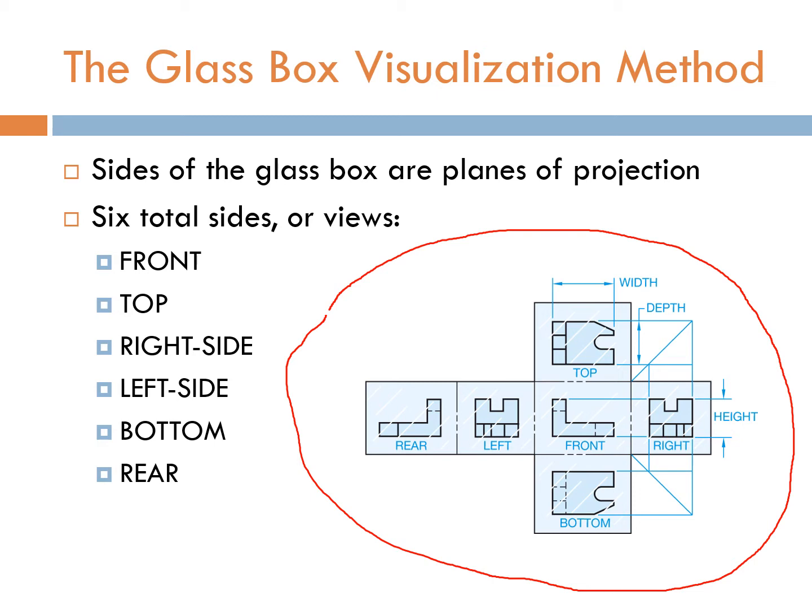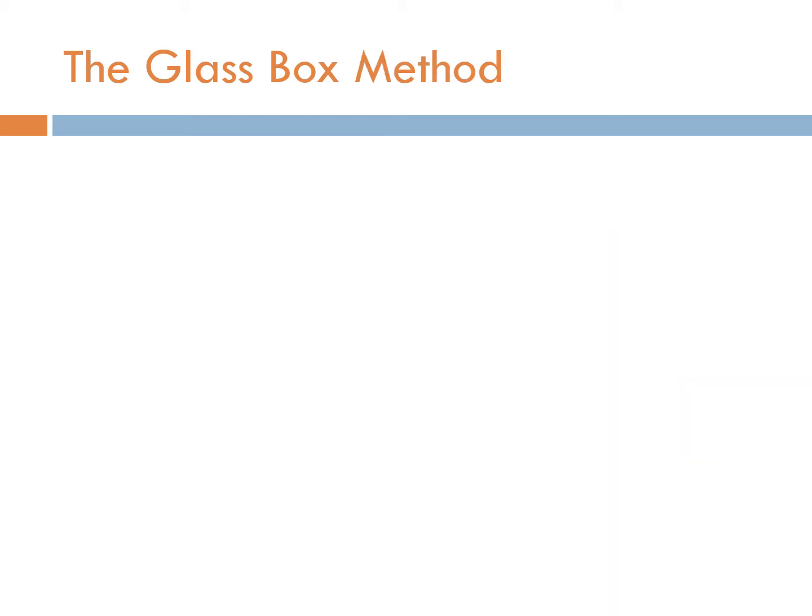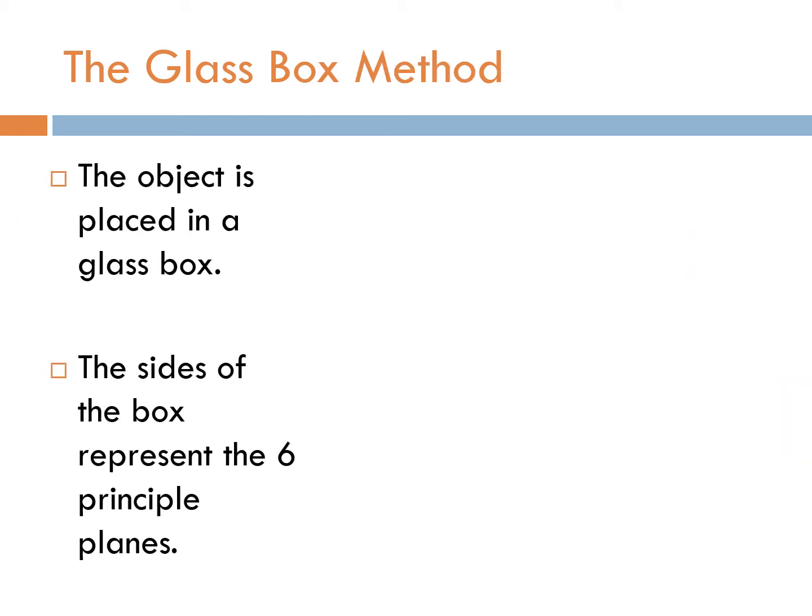So there are totally 6 sides, right? 6 sides, and we just give names to the different sides. You're going to have a front, a top, and 2 sides, one on the right and one on the left. You also have a bottom, and the rear is the one behind the front. So there are 6 different kinds of views.